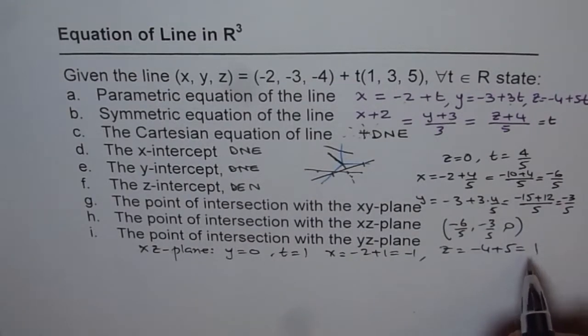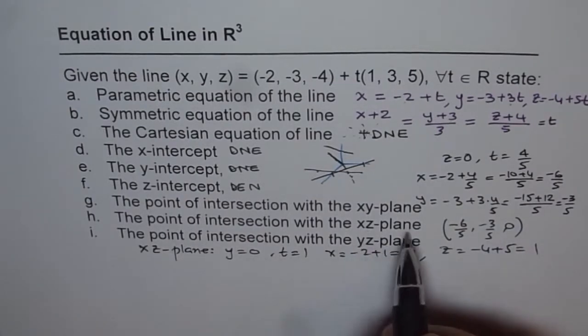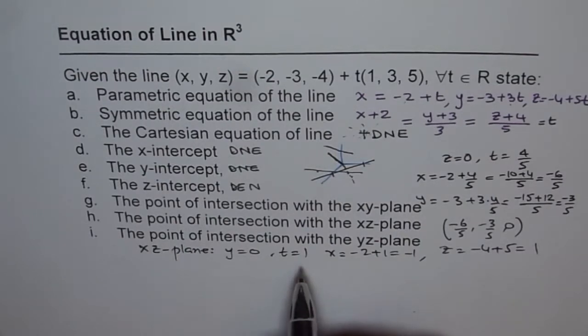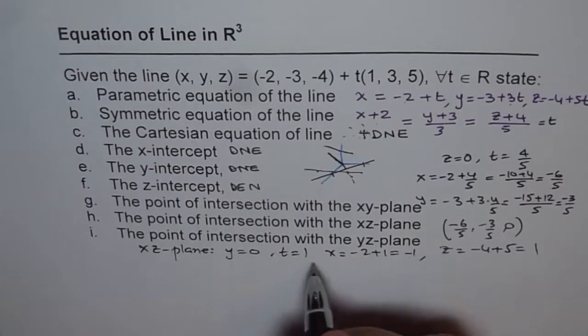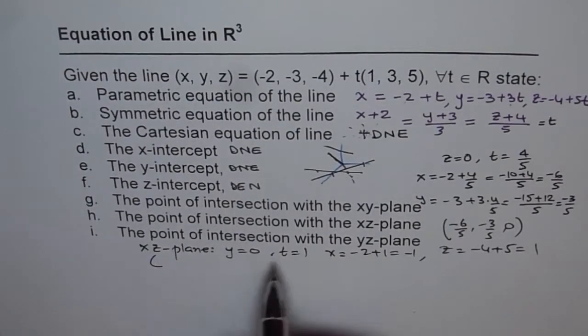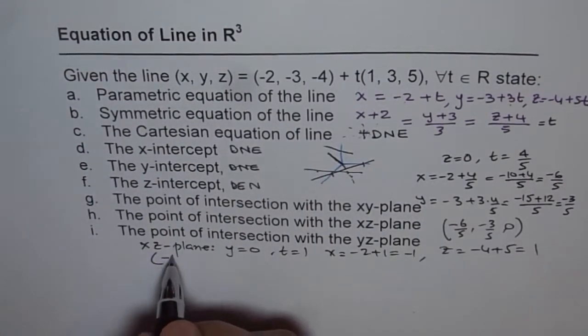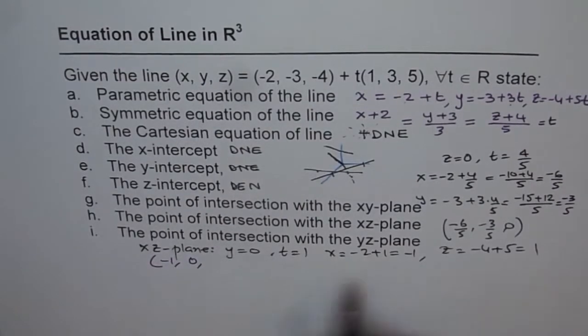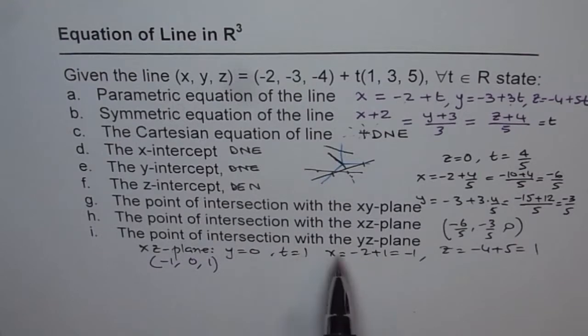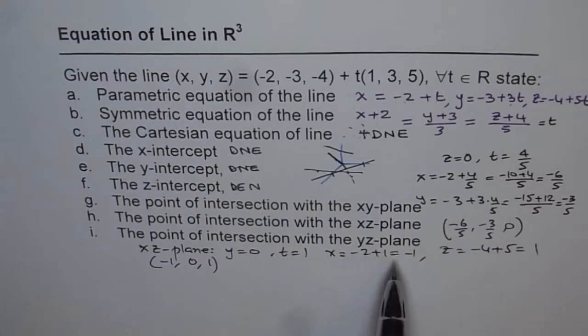So we get a point here for the xz plane, which is this one, and the point has an x value of minus 1. Let me write down the answer now here. For the xz plane, x value is minus 1, y value is 0, and z value is 1. So we will get points like this, and you can calculate now the point of intersection with the YZ plane.